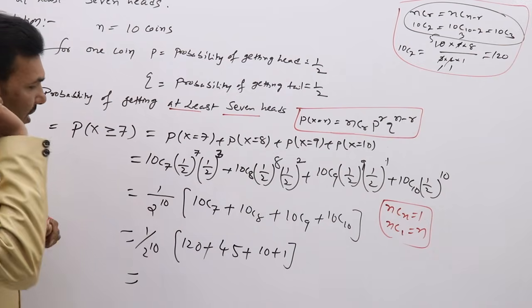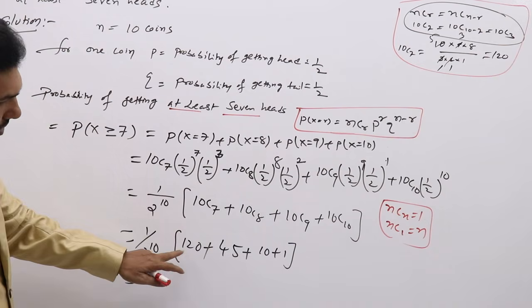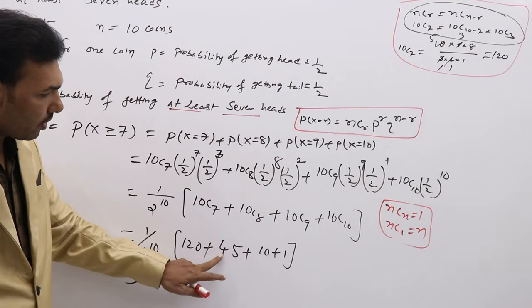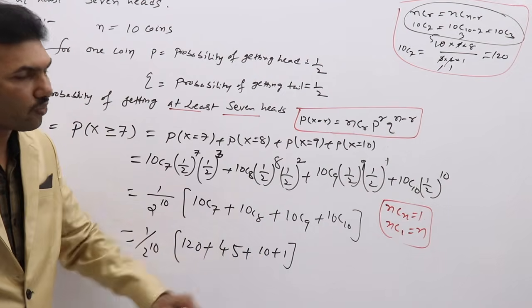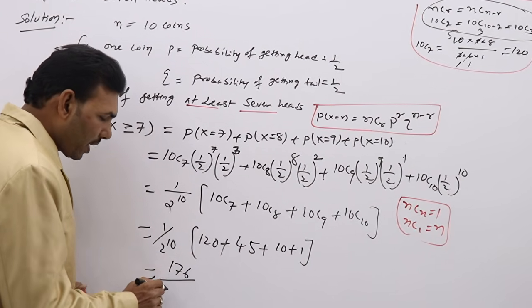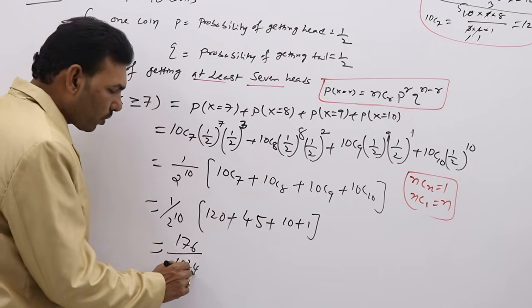So if you add all these cases, 120 plus 45 is 165, plus 10 is 175, plus 1 is 176. So 176 by 2 power 10, which is 1024.